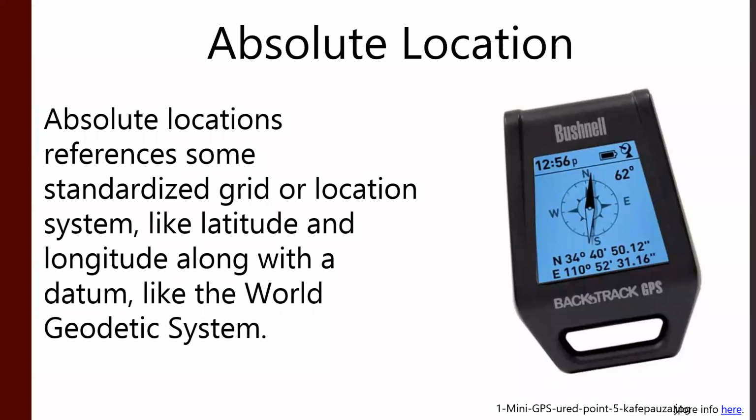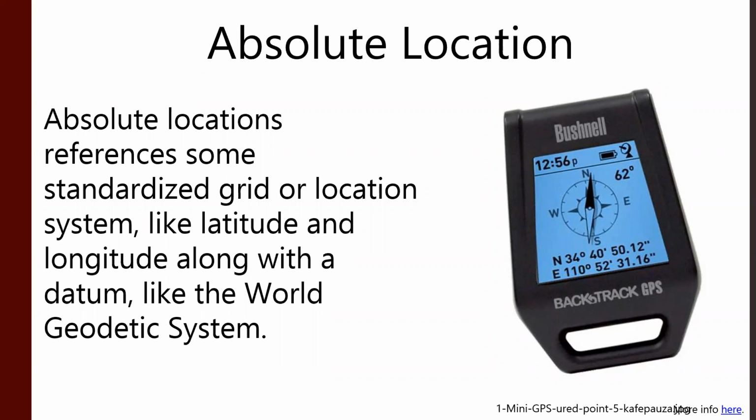When we're talking about, say, latitude and longitude, we're not only talking about degrees north, degrees west, but we're also talking about how it is aligned to an underlying datum. Datums are our measurement systems that we've established to all be able to talk the same coordinates, the same grid.